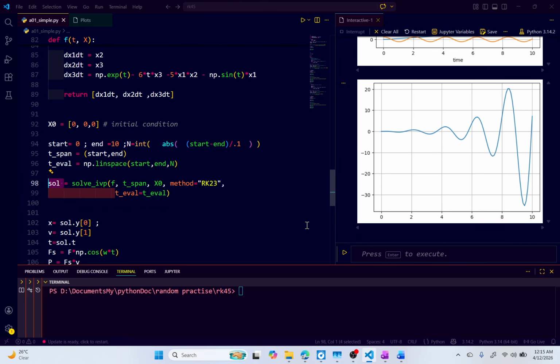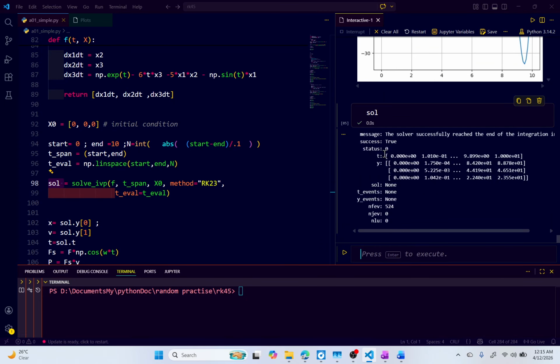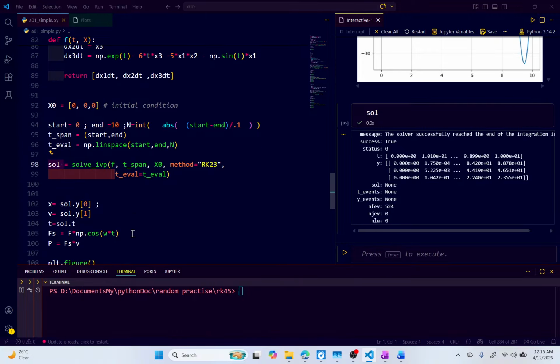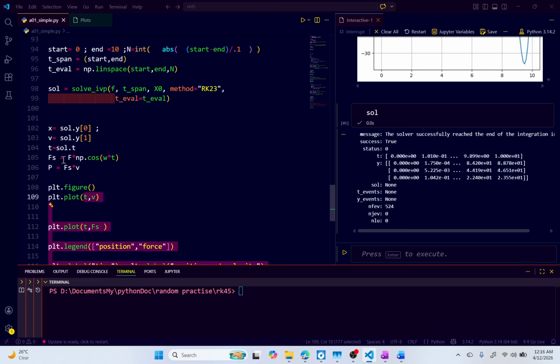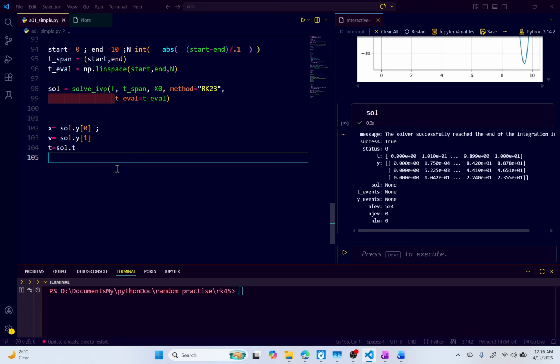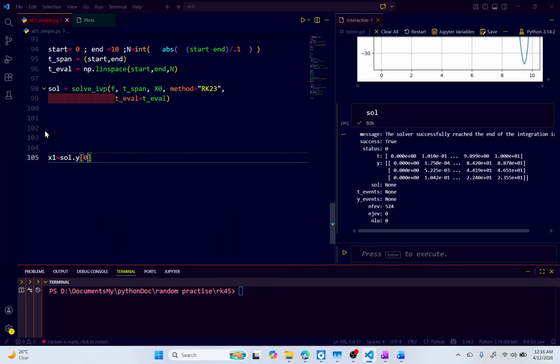Okay, now let's see what is inside solve. So inside solve, again I have time, but now I have 3 outputs. One is x1, x2 and another is x3. And then let's plot this thing. Let me erase all the thing here. So what is x1? It is basically the sol dot y comma 0.